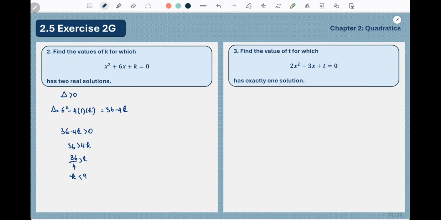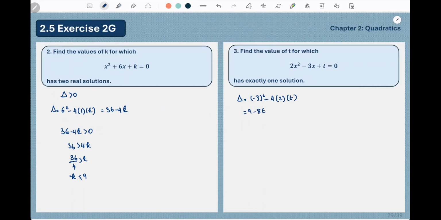Find the value of t for which 2x squared minus 3x plus t equals 0 has exactly one solution. In this case, we'll find delta. Delta is b squared minus 4ac. b is minus 3, so minus 3 squared minus 4 times 2 times t. So that's 9 minus 8t.